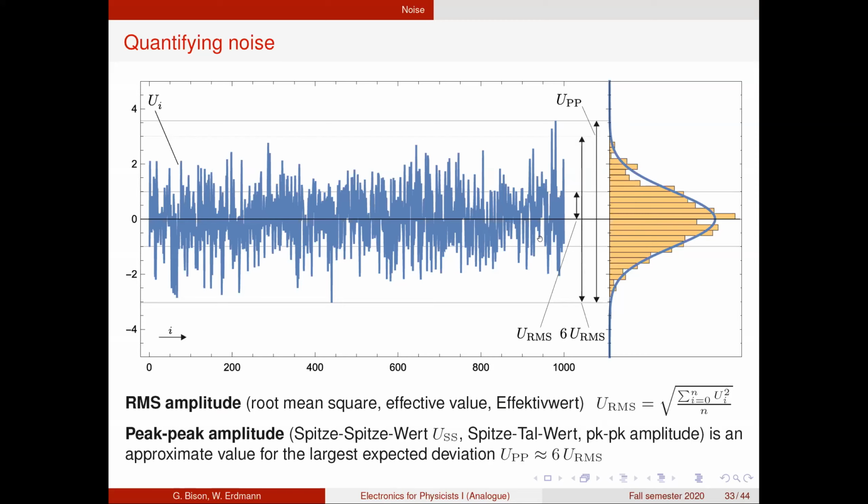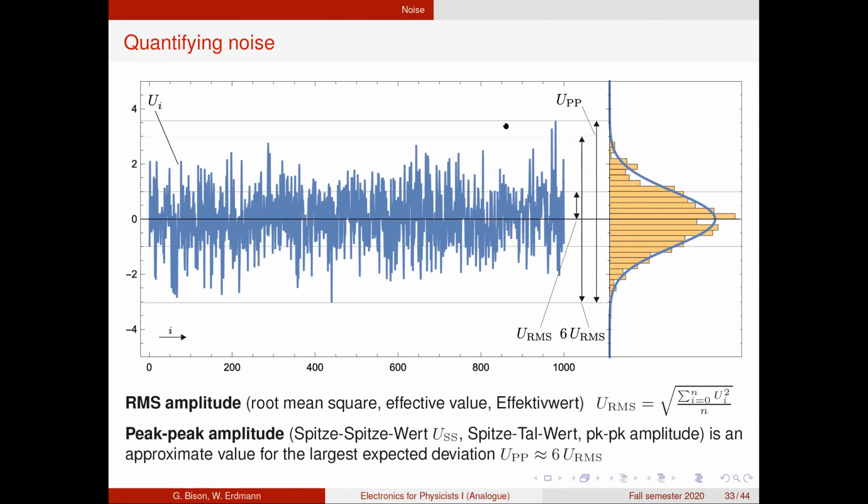Another very common way to specify the noise is the peak-peak amplitude. And by definition, this is simply the difference between the most positive and the most negative part of your signal. But that's, of course, statistically really bad, because it depends on how long you measure. It's completely random.